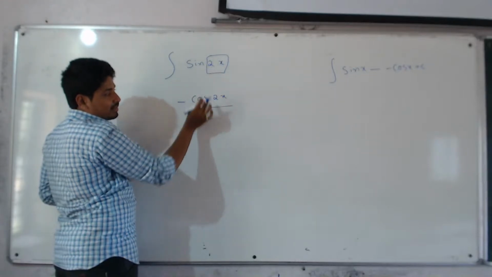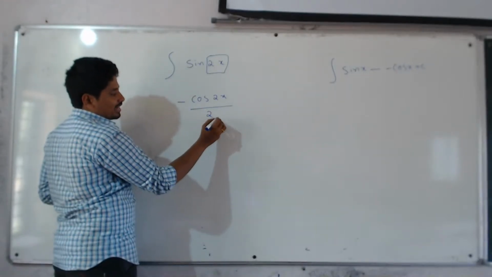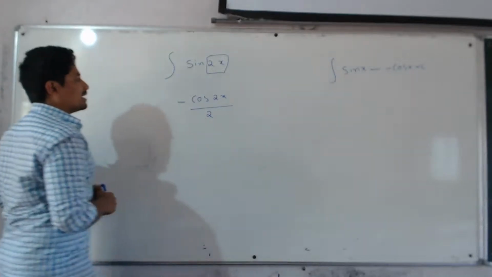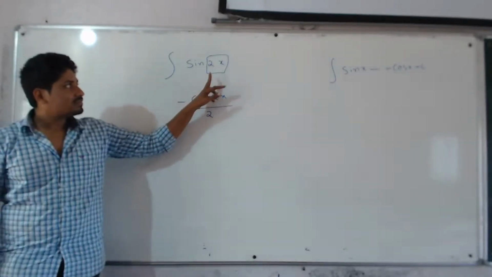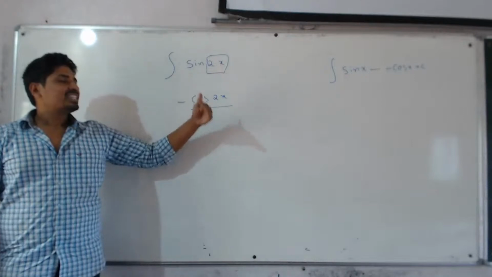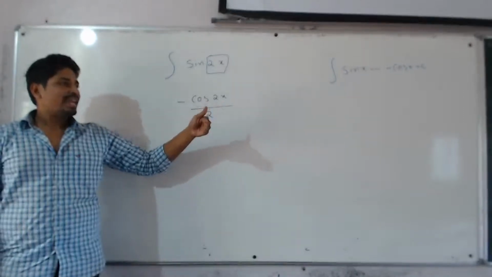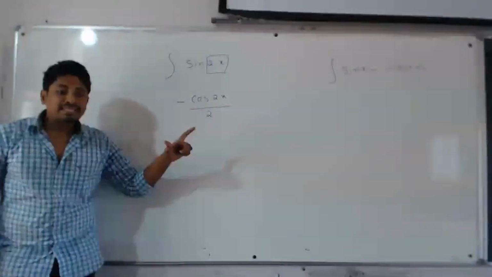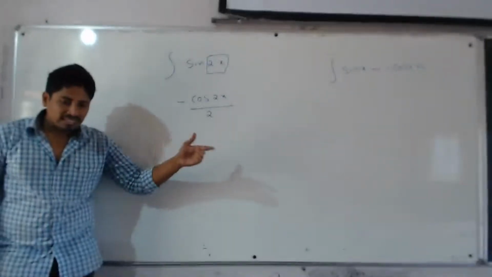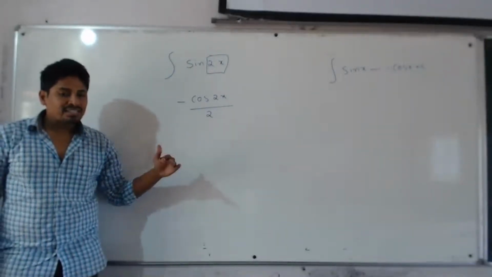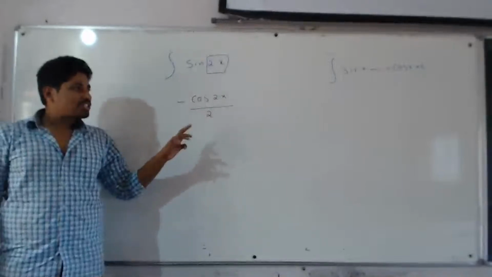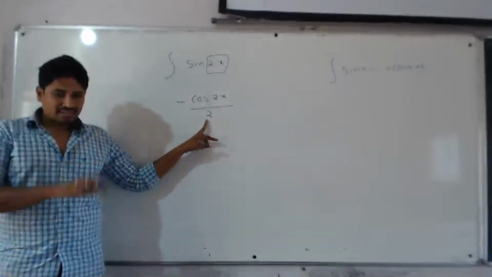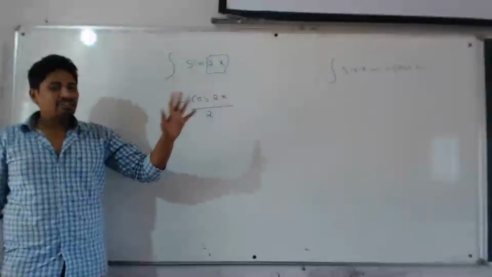The x coefficient will come in the denominator. Are you able to understand? In the place of x, if it is any expression of the form ax plus b, consider that as x and proceed. And in the final answer, the x coefficient will come in the denominator because there is no direct formula for this.